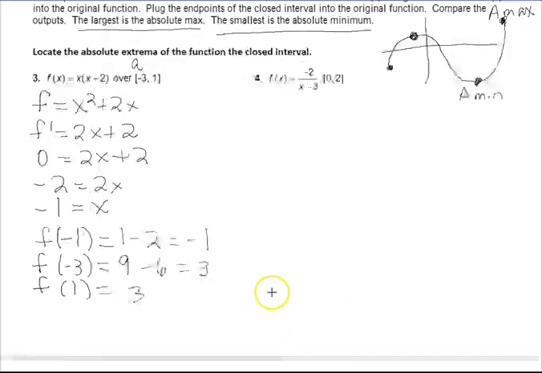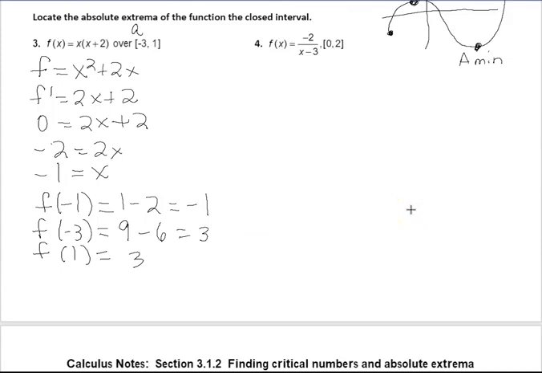All right, so what do we do now? Well, because we have an answer here of 3 and an answer here of 3, we are going to have an absolute max. It's occurring at 2 of those values, but it's still just going to be 3. 3 is the highest point we can possibly have. And then the absolute min is going to be negative 1.